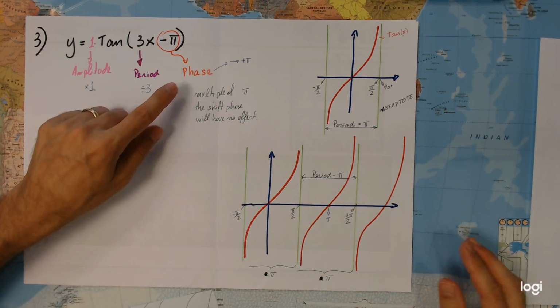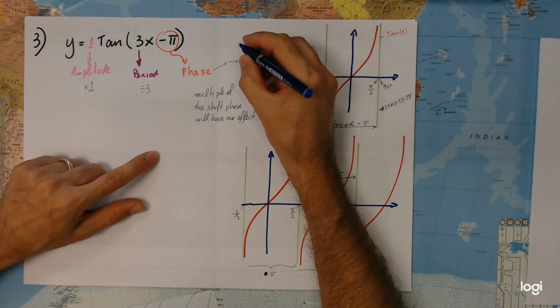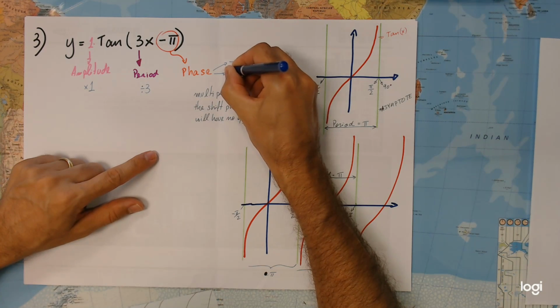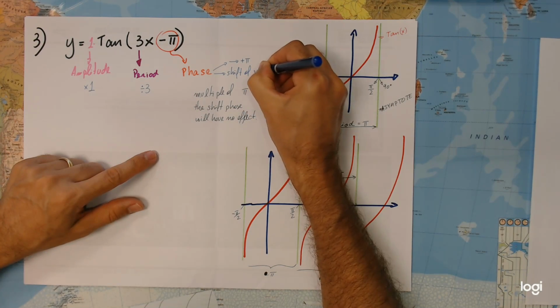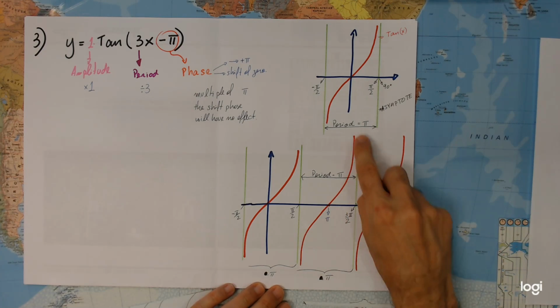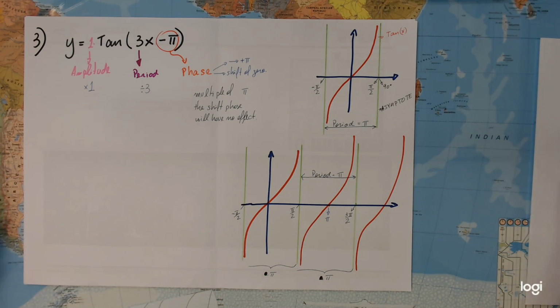That is why when we have a shift of pi, it is the same as saying that we have a shift of 0. For drawing this chart, it is going to be the same. So this becomes very easy, and this is the answer.